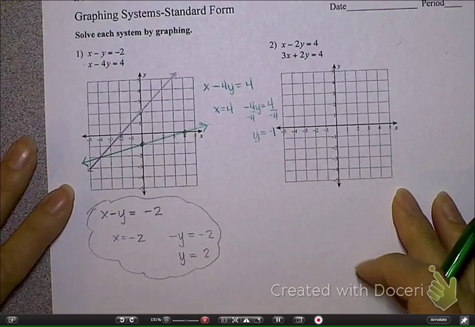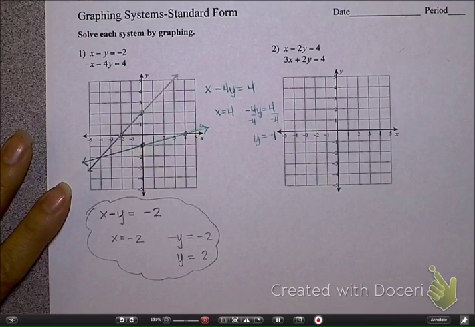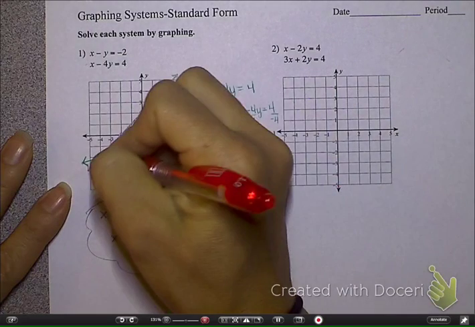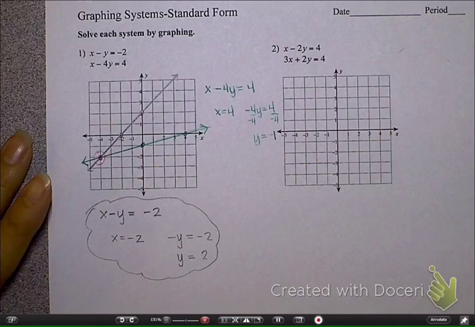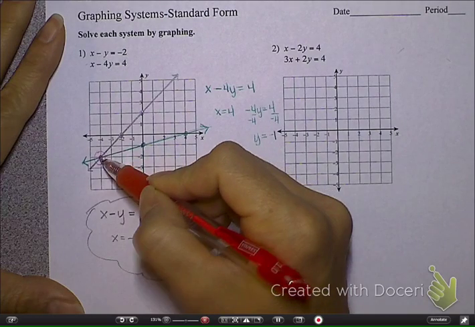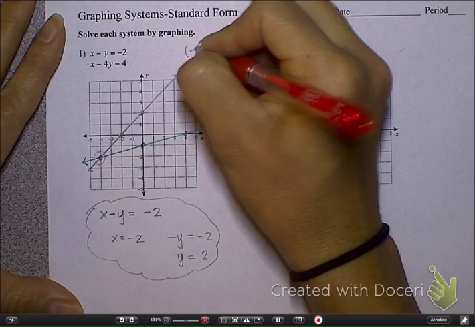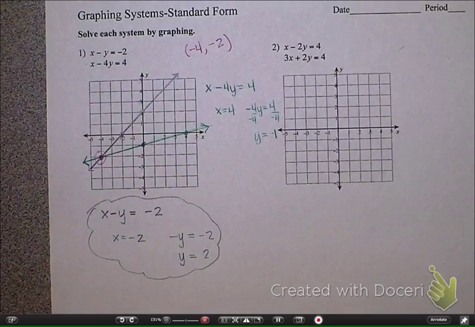Now can I see where the two lines intersect? Yes, right here. Remember, this point of intersection is the answer. So what is the actual answer? (-4, -2). So my solution, (-4, -2), is the final answer. Does that make sense, what I did there?